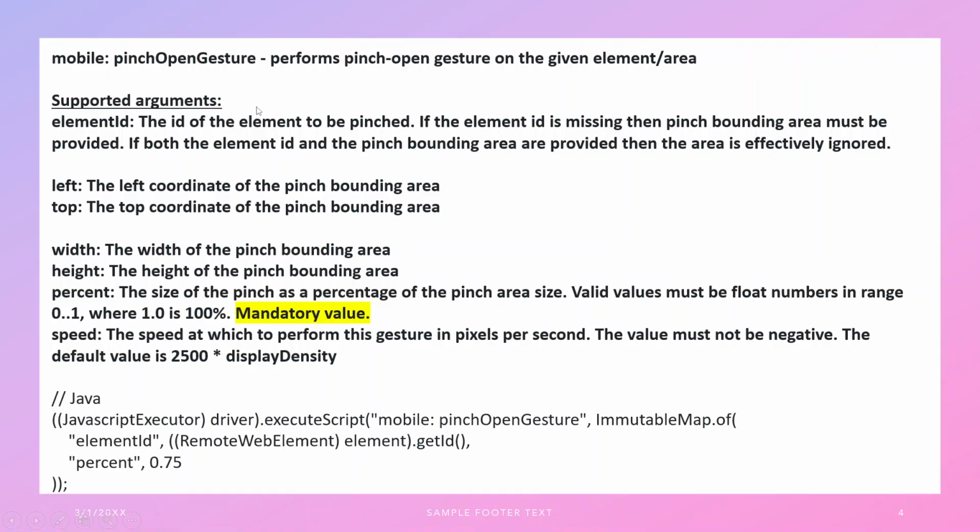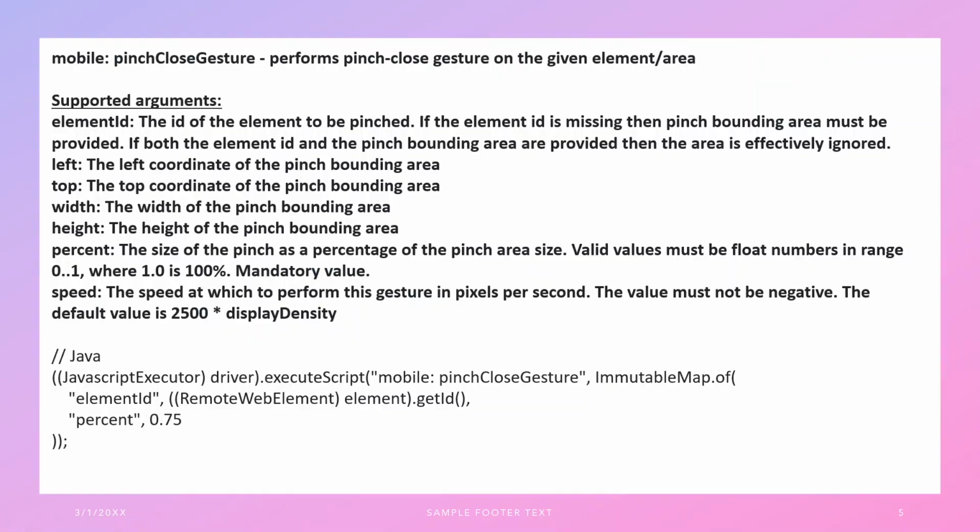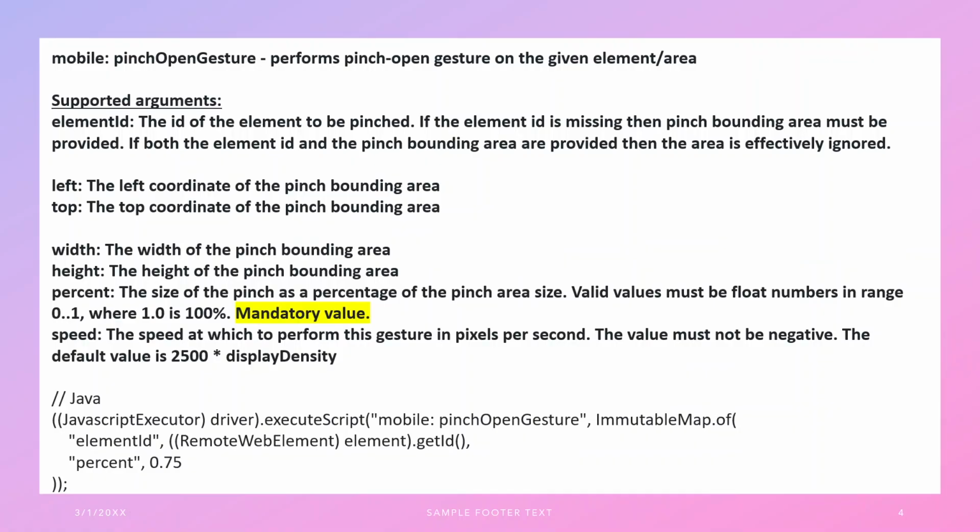If we come to the other one, the pinch close gesture, it performs the pinch close gesture on a given element and area. The supported arguments are element ID, left, top, width, height, percentage and speed, the same arguments as the pinch open gesture.